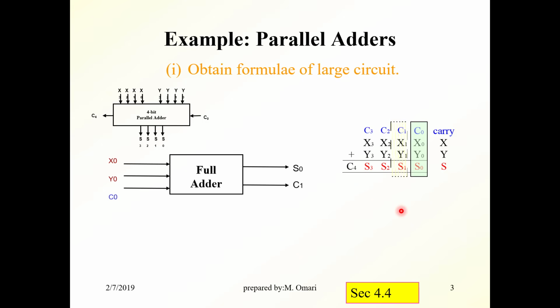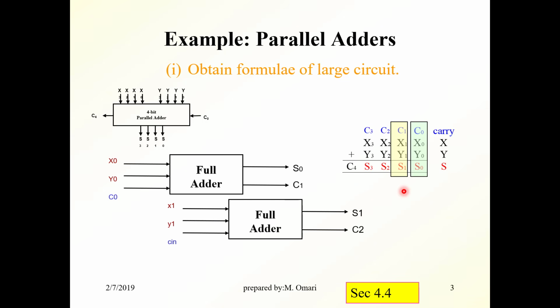Now, the next thing to do is to add these 3 together. How do we do that? We can also use a full adder. In this full adder, we put X1 and Y1 as inputs. The other input we take from the carry out of the first full adder.